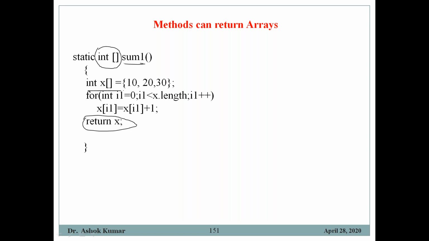And the next loop is incrementing the value of every element of the array by 1. So this will return x to its calling method. This we have used in this complete example. So what this example will do, this is what we are going to discuss.